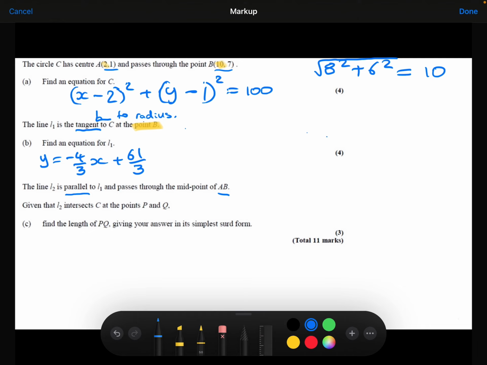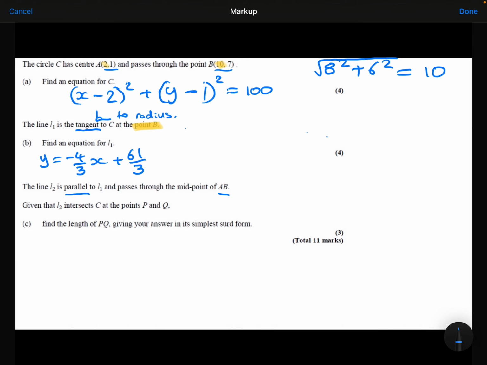Now, there are several different ways you could do this question. Probably the easiest one is to do some simultaneous equations to work out the coordinates of P and Q, and then we can work out the distance between them.